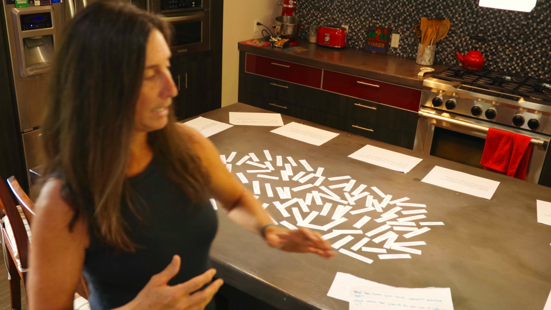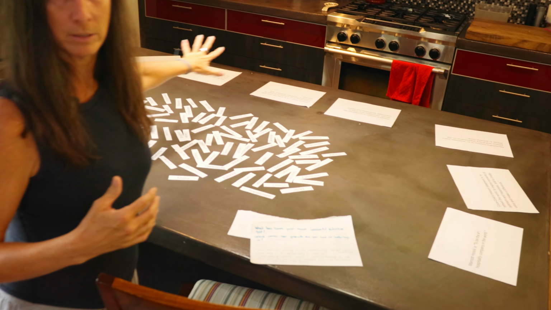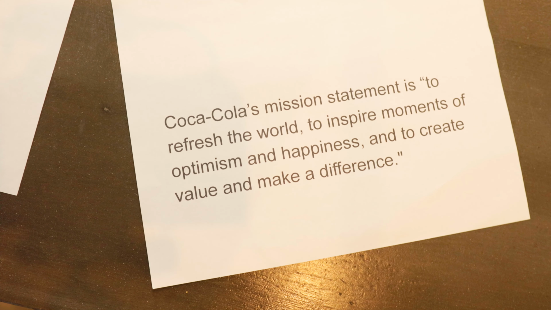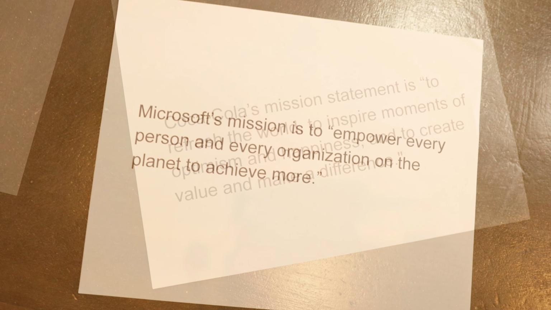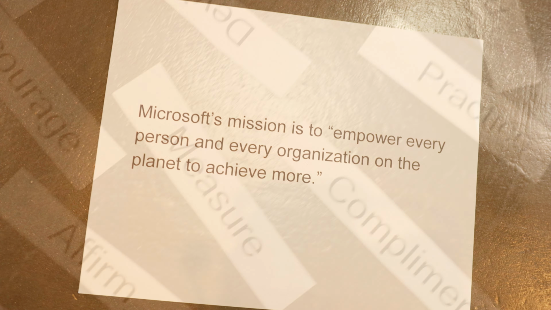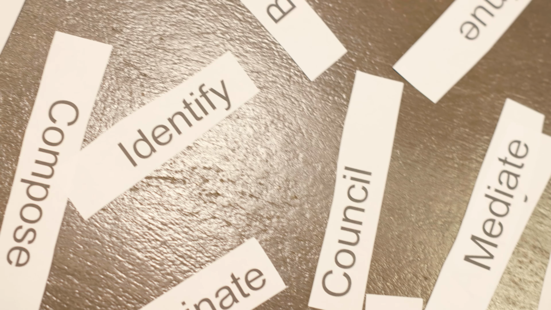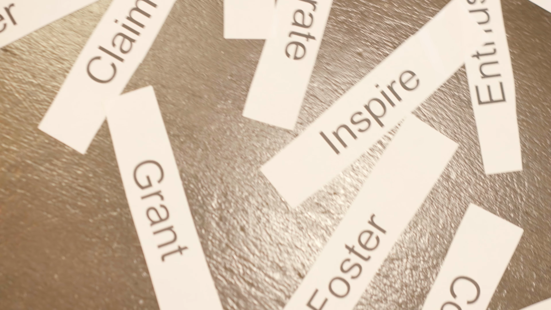And so what I did is I let them walk around the table and read different mission statements. And then we stood around the table and talked about it. We also wrote mission statements with a lot of these different words. So I gave them some words and they were able to generate different ideas of mission statements. And then we workshopped that.